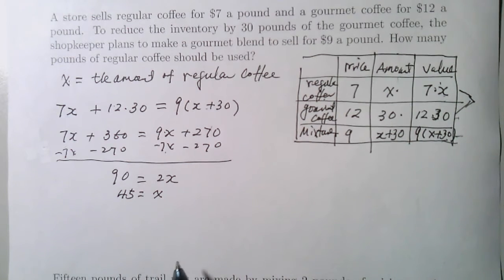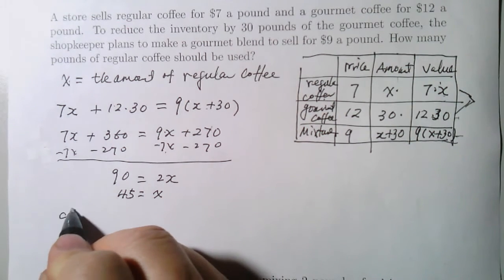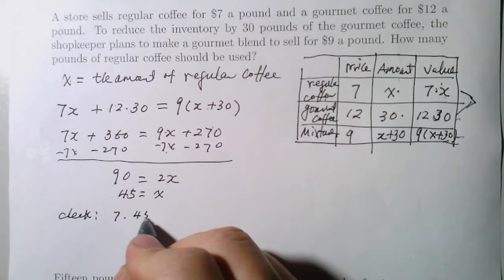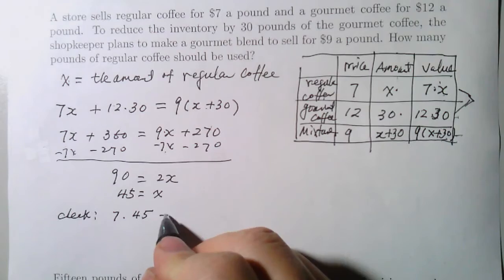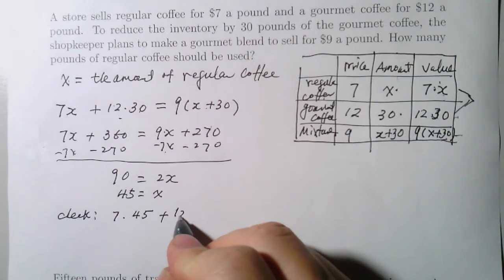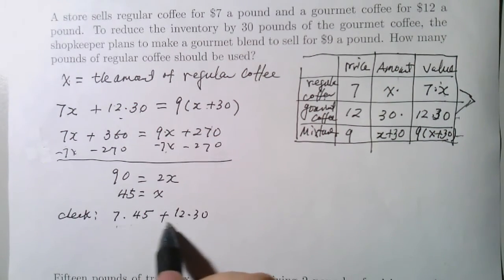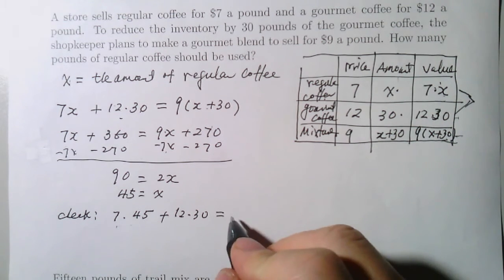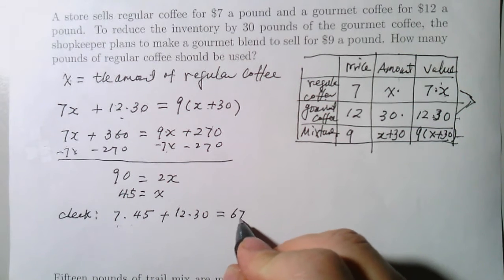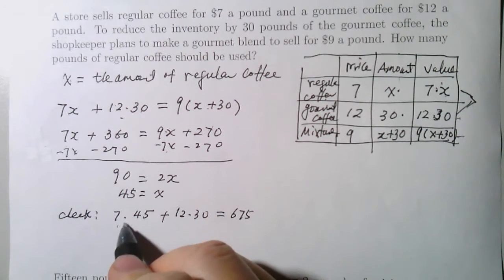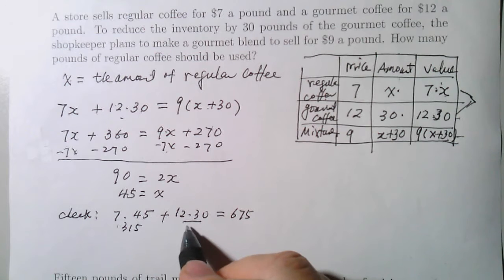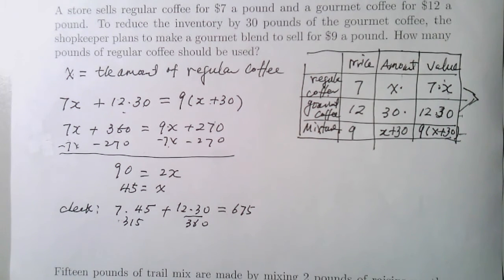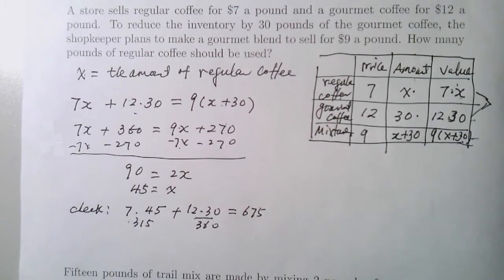Before we answer the question, we check. 7 times 45 plus 12 times 30 is the total value before mixing. That's 315 plus 360, which added together is 675.